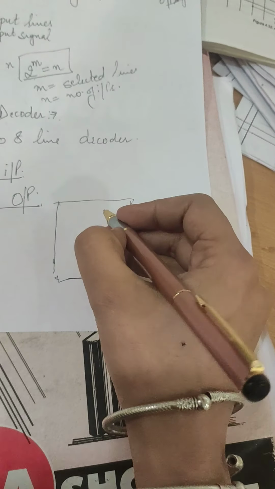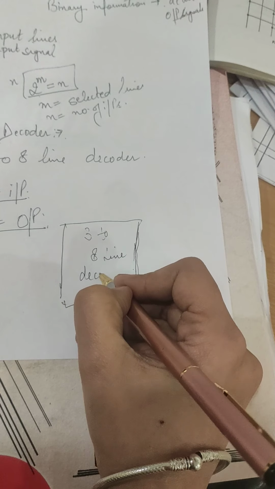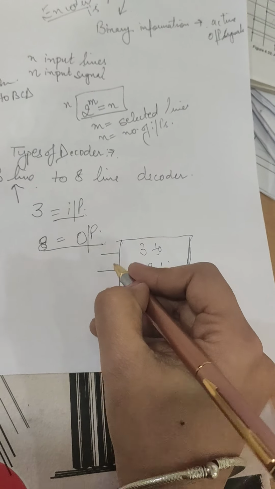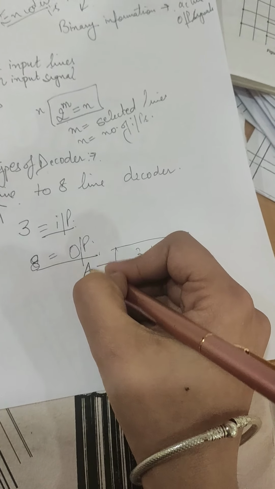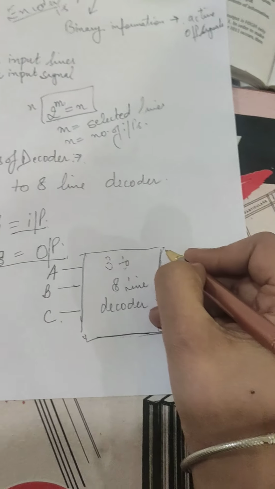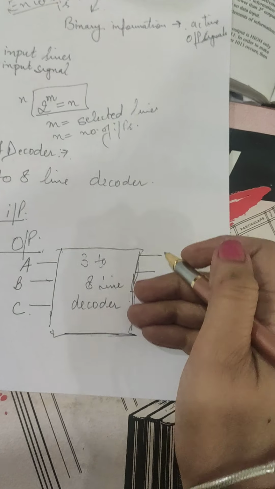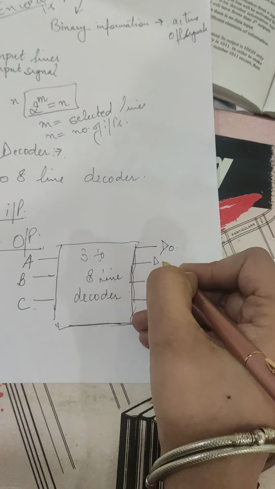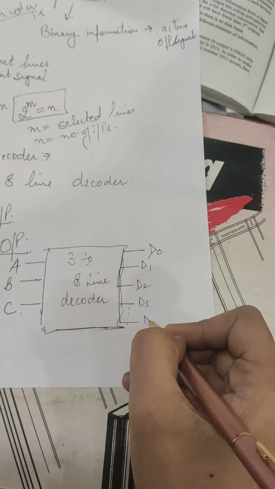In the functional diagram of the 3 to 8-line decoder, there are 3 input lines, which I am denoting with A, B and C. As it is a decoder, I am denoting the outputs with D, starting with D0, D1, D2, D3 and up to D7.